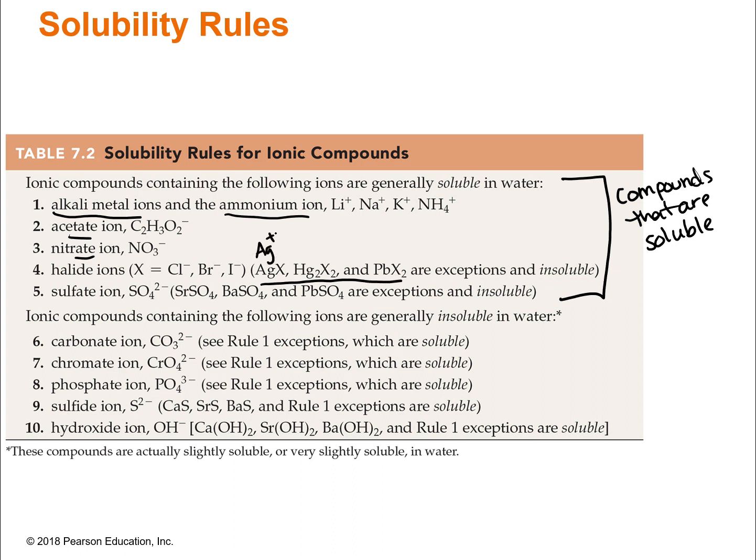So if you see silver, mercury 1, or lead 2 plus, those things are typically insoluble, okay? The sulfate ion, most things are soluble, but there are exceptions. Strontium, barium, and lead 2. The bottom part of the table talks about things that are insoluble.